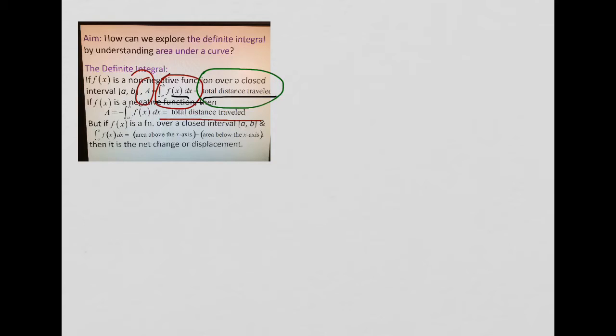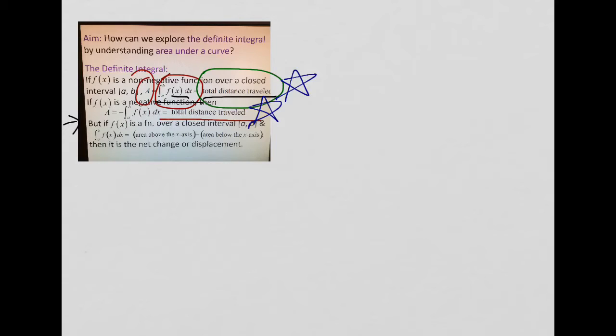I do want you to copy this down because you are going to be given problems about the distance traveled, and you have to use an integral to find that distance.